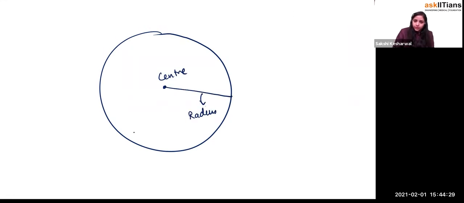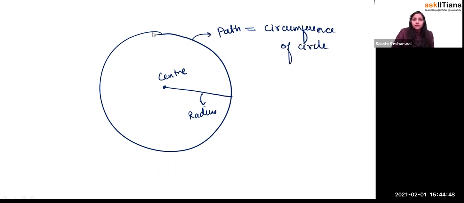I'll draw it and explain it to you. Now, this path is known as what, beta? This path is known as the circumference of the circle.